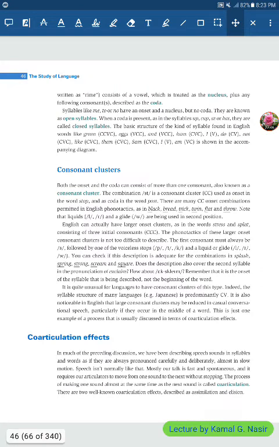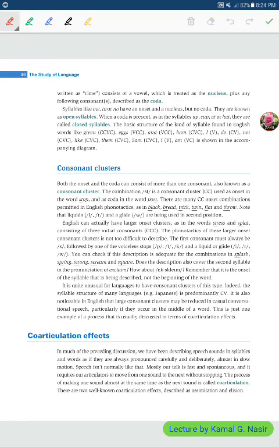For example, the word me, okay, for example, the word me and the word to and the word no, what are they made of? They are made of consonant and vowel. In this way, what do we call them? We call these syllables open, okay? Other syllables which include what?